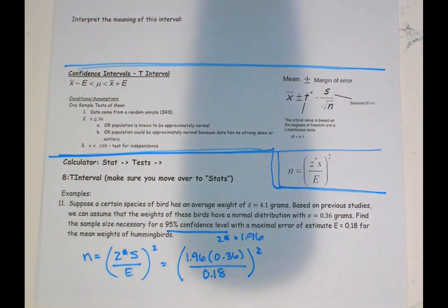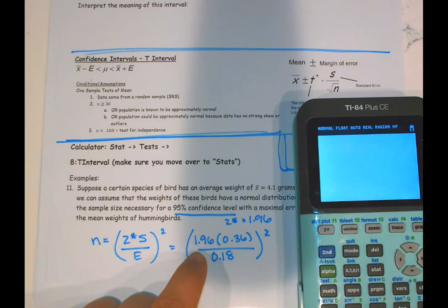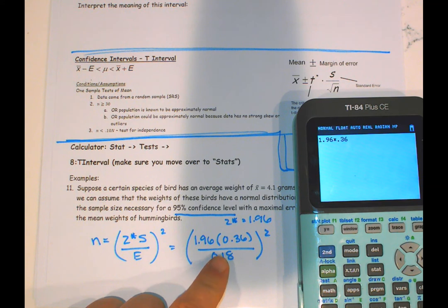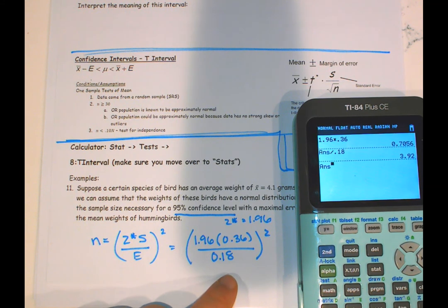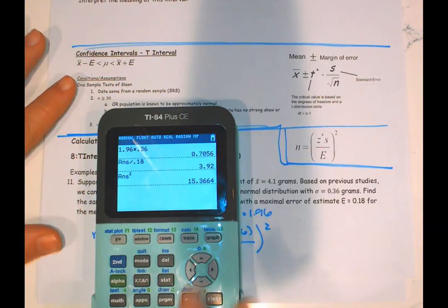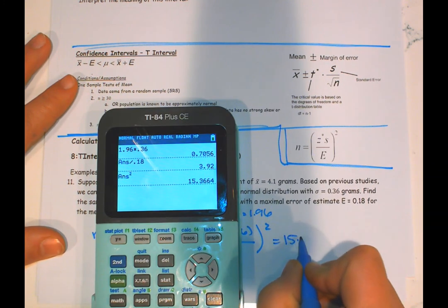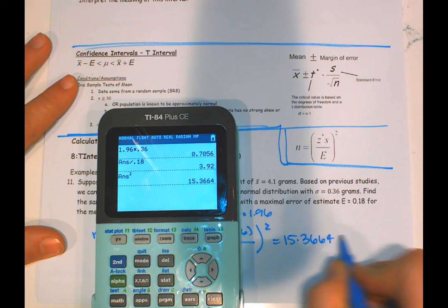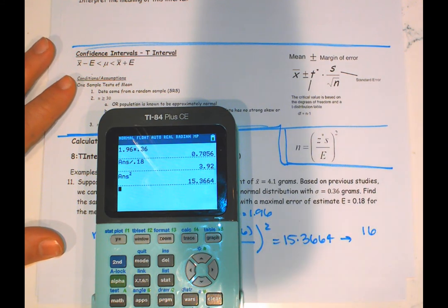So if I calculate this, I have 1.96 times 0.36 divided by 0.18, and then I'm going to square that value. So I end up with 15.36, which again, we have to round up in order to have enough data.